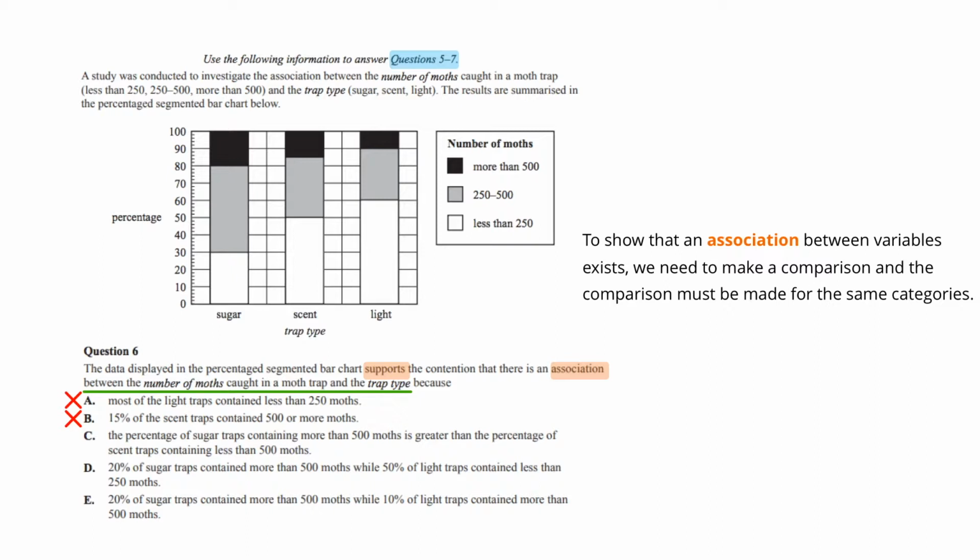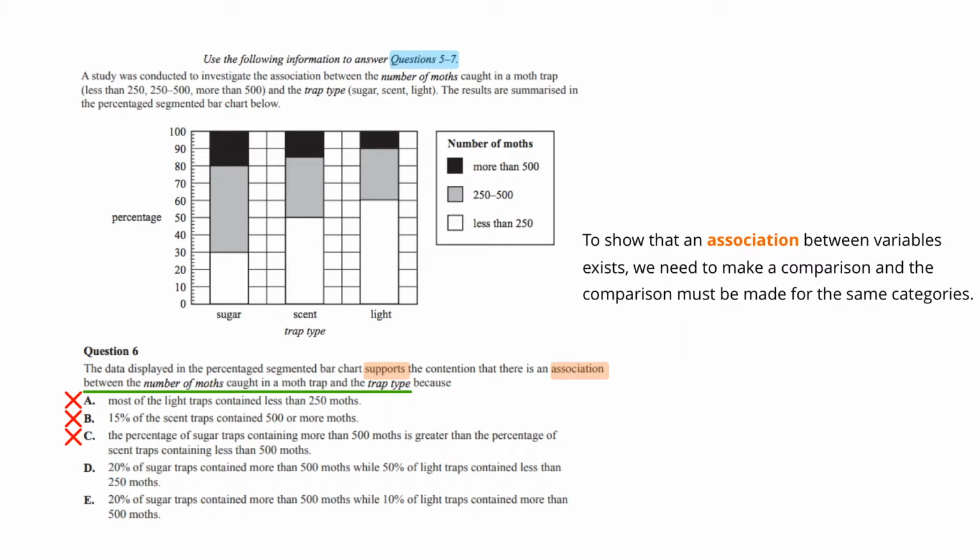Option C, the percentage of sugar traps containing more than 500 moths is greater than the percentage of scent traps containing less than 500 moths. Although we have a comparison here, the comparison is not made between the same categories. It is more than 500 moths for the sugar traps and less than 500 moths for the scent traps. So we can cross out option C as well.